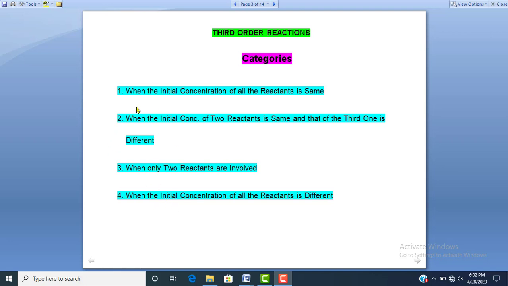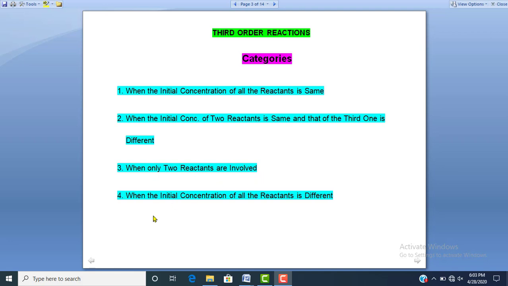Number one, when the initial concentration of all reactants is the same. Number two, when the initial concentration of two reactants is the same and that of the third reactant is different. Number three, which we will study today, when only two reactants are involved.